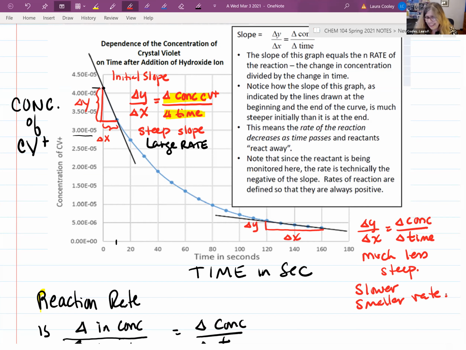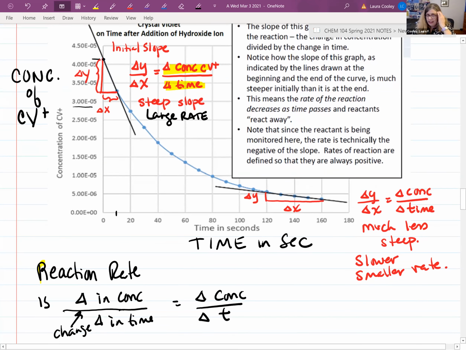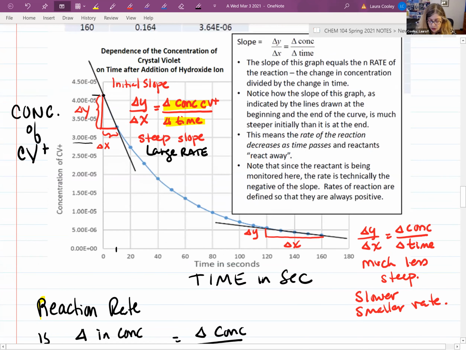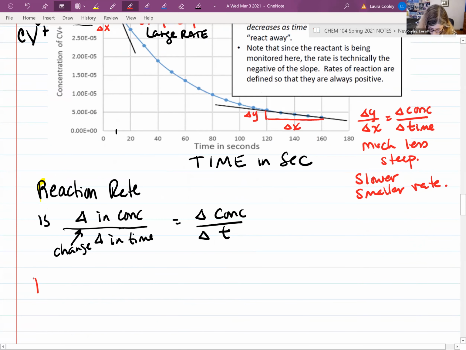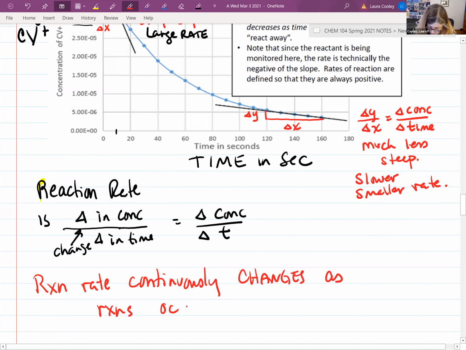Thank you very much. So what this illustrates, besides the fact that you can get the initial rate of a reaction by measuring how the reaction's concentration changes over time at the beginning of a reaction, is that the reaction rate continuously changes as reactions occur.